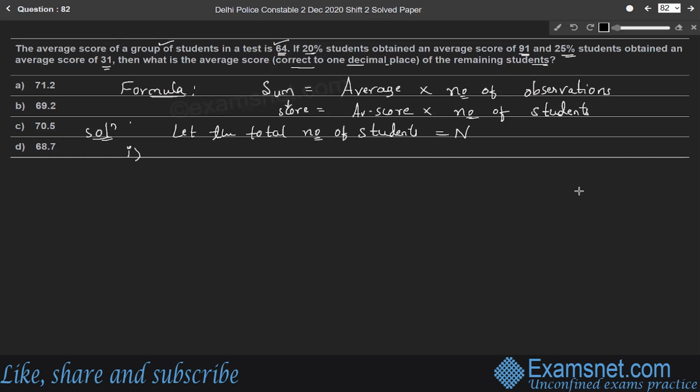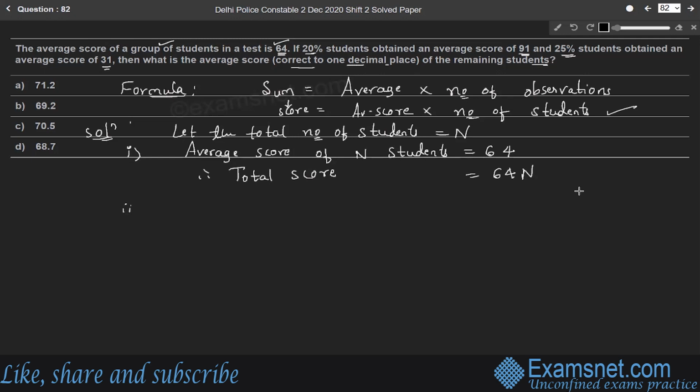So the average score of n students is 64. Therefore, the total score of n students is 64 into number of students. According to the formula, total score is average score into number of students. Therefore, the total score of n students is 64n.